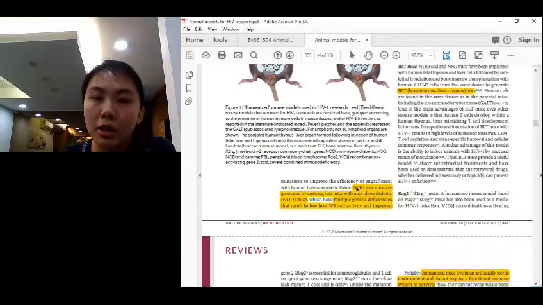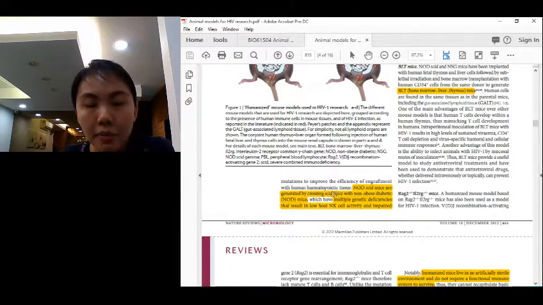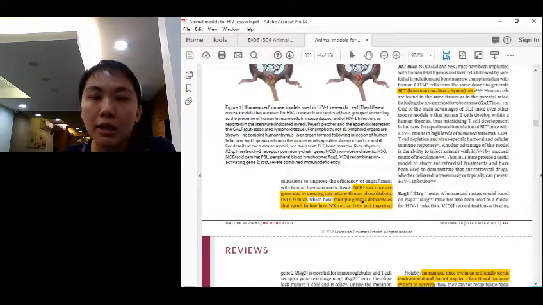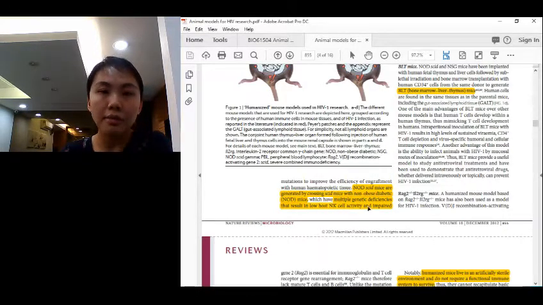These mice are generated by crossing SCID mice with the non-obese diabetic mice. So NOD SCID is a result of a crossing between two different types of mice, which in effect have multiple genetic deficiencies that result in low host natural killer cell activity, meaning that they have a very poor immune defense mechanism.